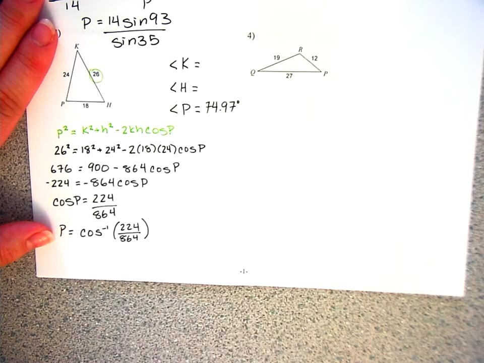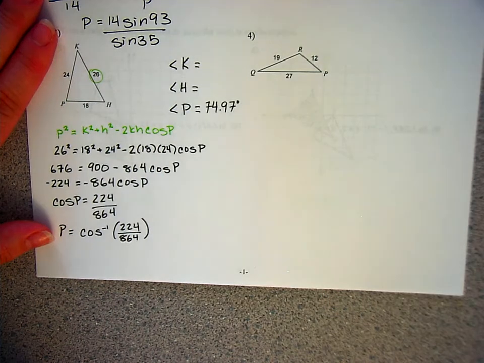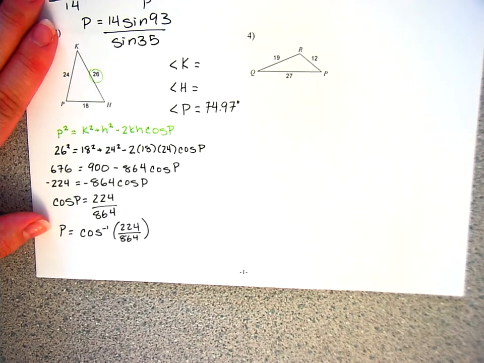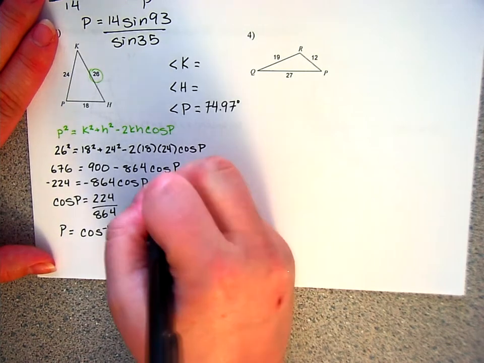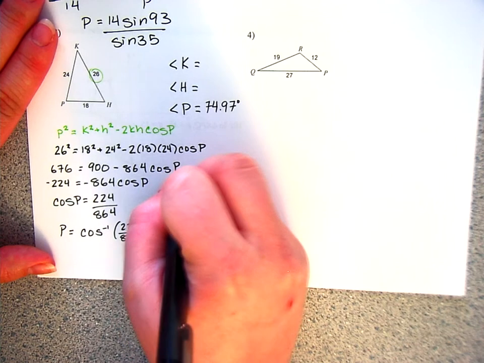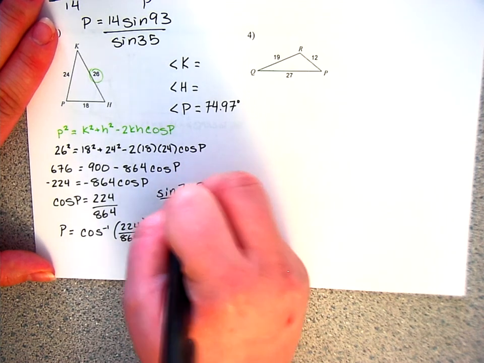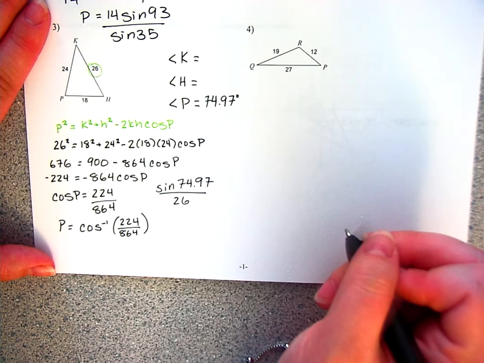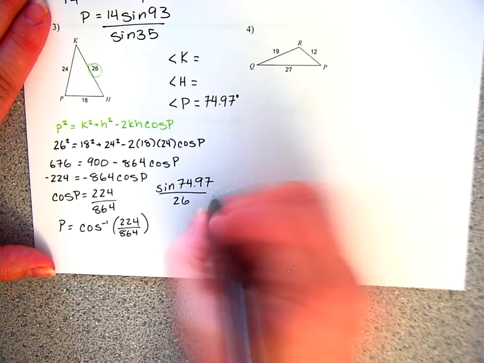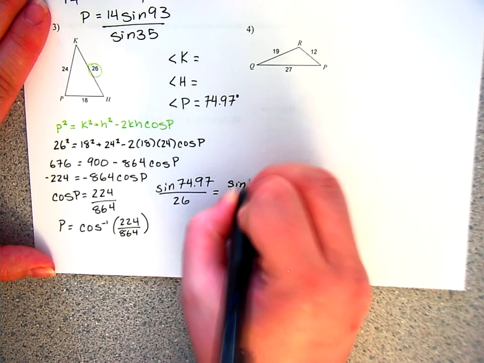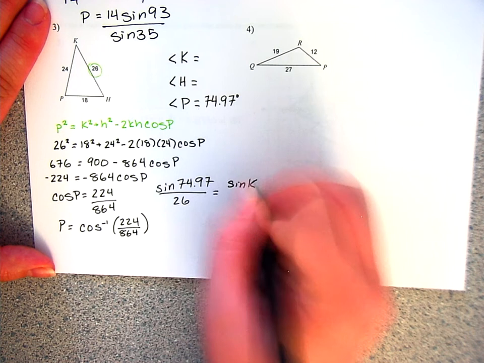Now we need to solve for K or H. It doesn't matter. I went for K next. So we're going to have sine of 74.97 over 26, because that's big P over little p. And then I'm going to have sine of big K over 18. So I need to cross multiply and divide.